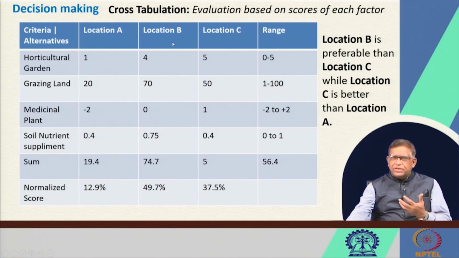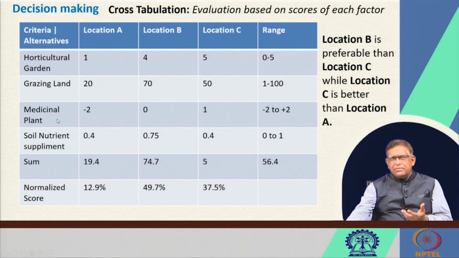Sometimes experts give their comments. Say for horticultural gardens, if you give a score from 0 to 5, how much will you give for locations A, B and C? He gives it like that. You ask other experts about grazing land, and if I ask you to give a number from 1 to 100, he gives this number.